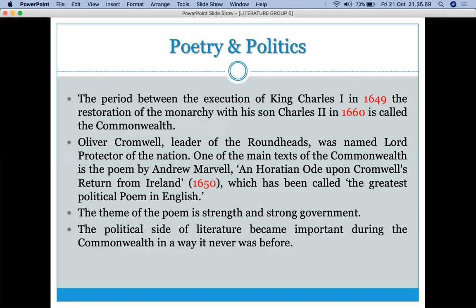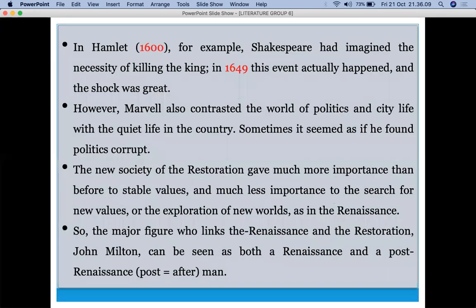The political side of the literature became important during the Commonwealth in a way it never was before. In Hamlet, 1600, for example, Shakespeare had imagined the necessity of killing the king. In 1649, this event actually happened and the shock was great. However, Marvell also contrasted the world of politics and city life with the quiet life in the country.